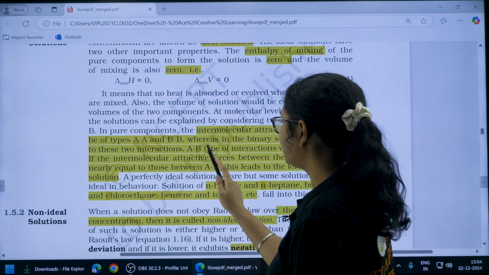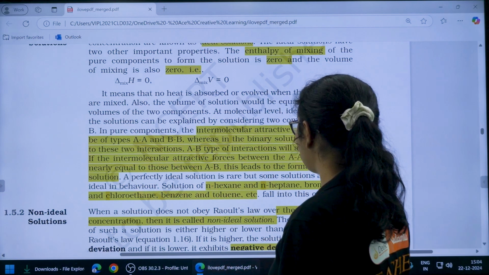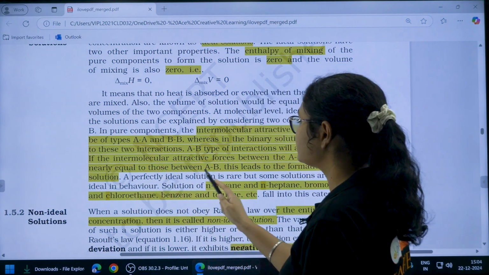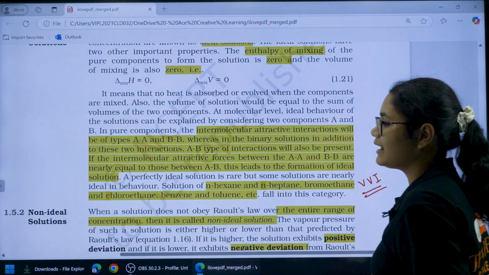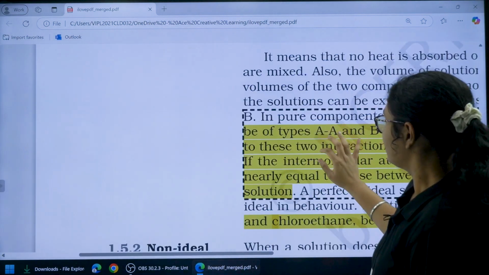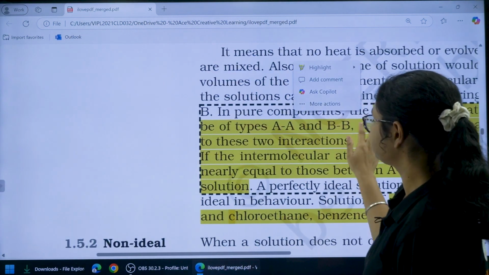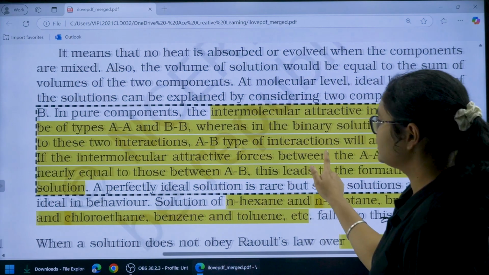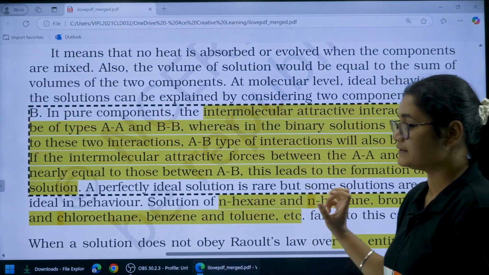If the intermolecular attractive forces between AA and BB are nearly equal to those of AB, then we call it an ideal solution. So this is the definition of ideal solution. Highlight this part.